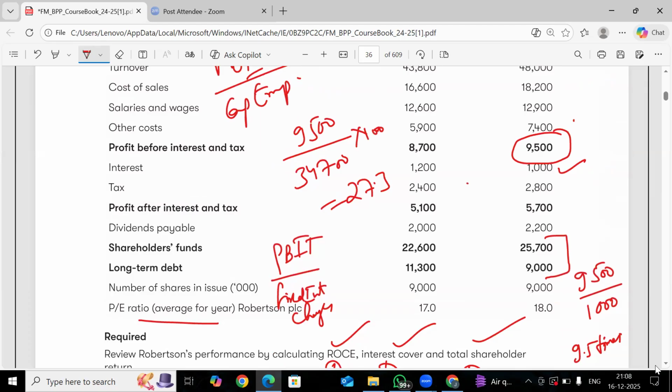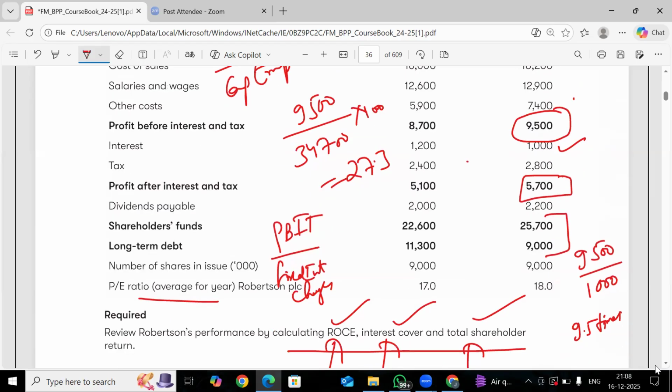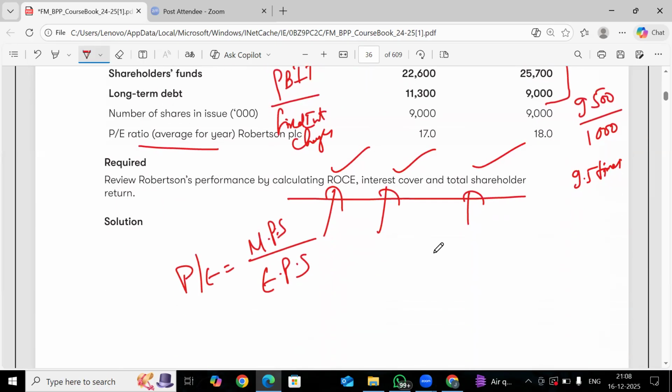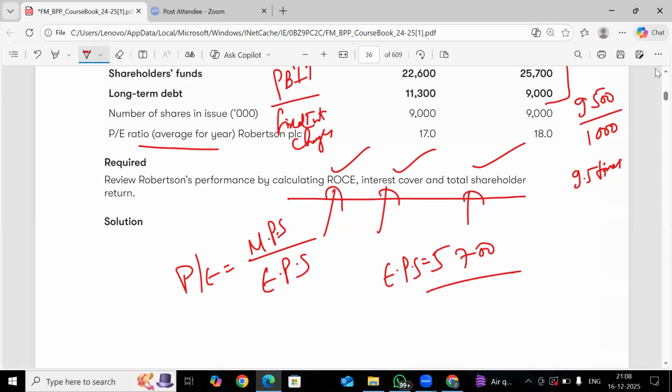First, we look at the preference dividends, not given. We have profit after interest and tax. This is our net profit for EPS calculation. Preference dividends is nil, so I'll just minus 0.